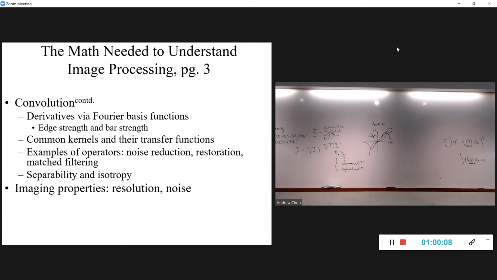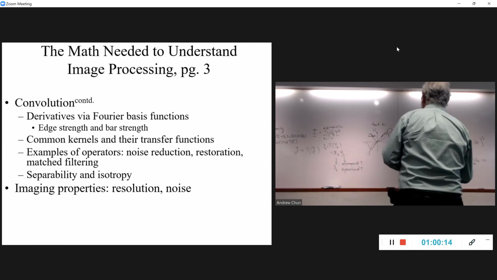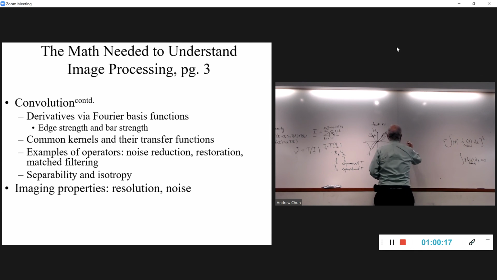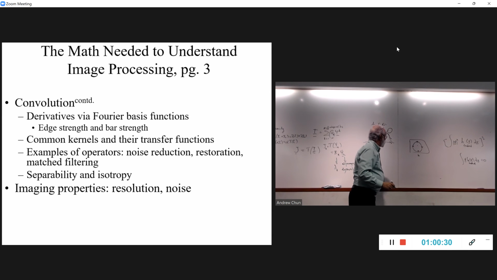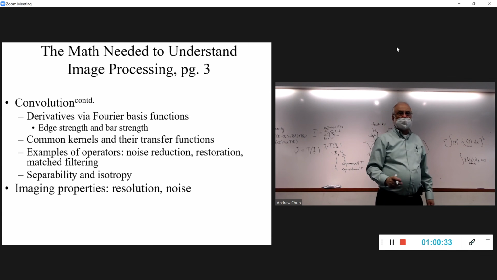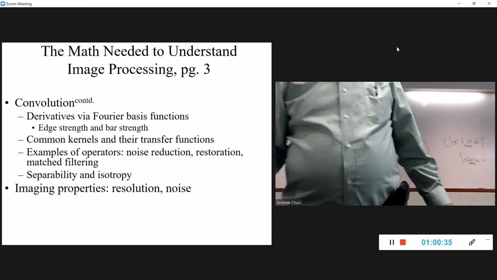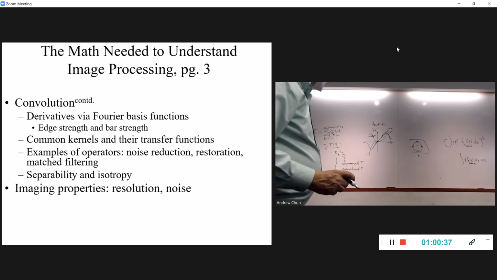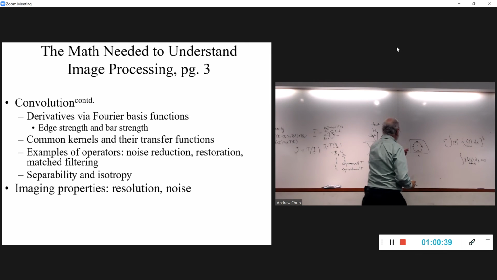And it turns out that isotropy in space, that is to say that the image that this H function understood, the value here and here and here and here, and in fact everywhere, all the way around at that distance from the middle, from the 0 position, was the same.